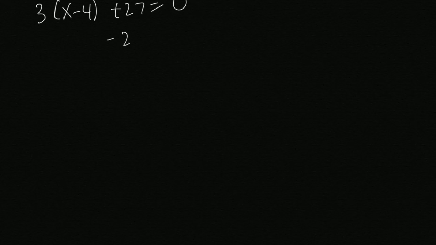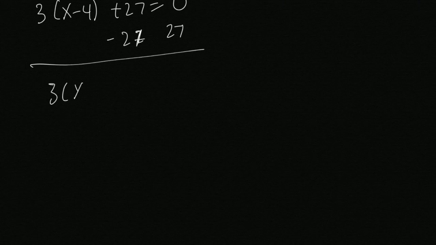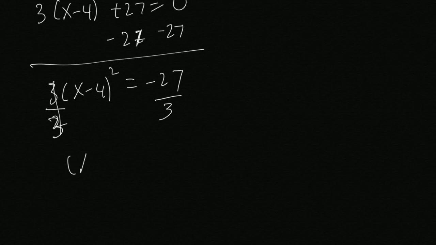I will start by subtracting the 27 from both sides. And that will leave me with 3 times (x minus 4) squared is equal to negative 27. Divide by 3, divide by 3. These cancel. Leaves me with (x minus 4) squared is equal to negative 9. Take the square root.